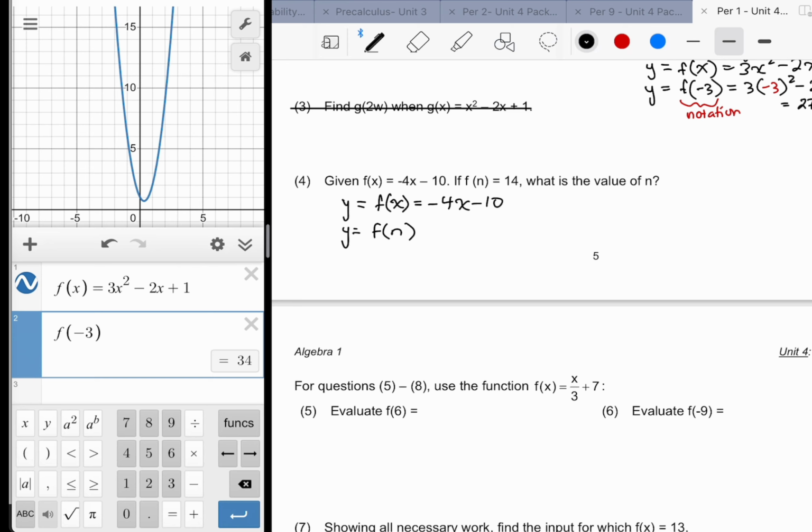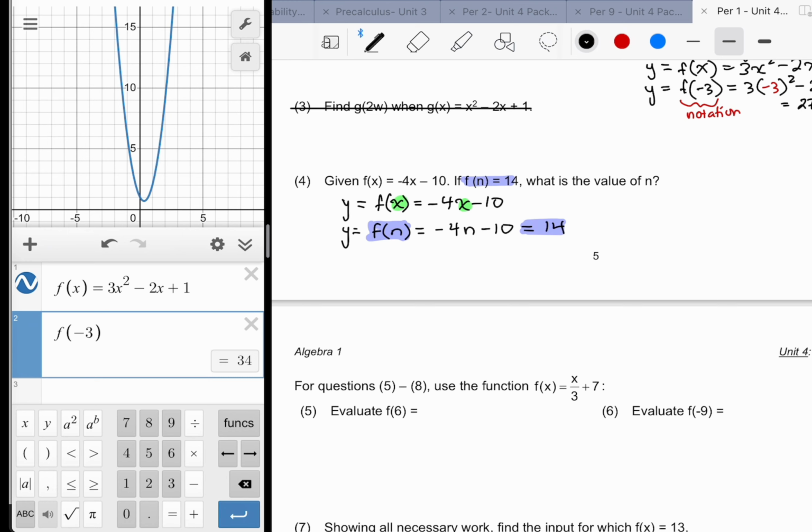That y equals f of n is telling us to replace each of the x values in our given function with an n, and that should result in a value of 14. So f of n is equal to 14, we have the relationship in here. Just along the way, we showed that that's also equivalent to negative 4n minus 10.